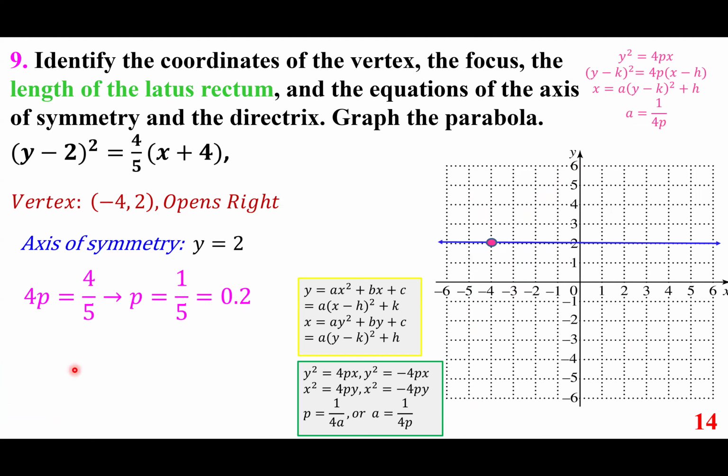And so 4p is 4/5. If you go with this and compare it to this one, 4/5 is 4p, and p is 1/5 or 0.2.